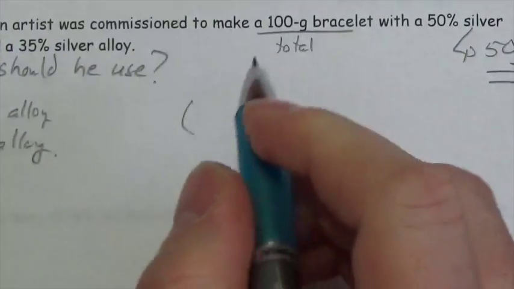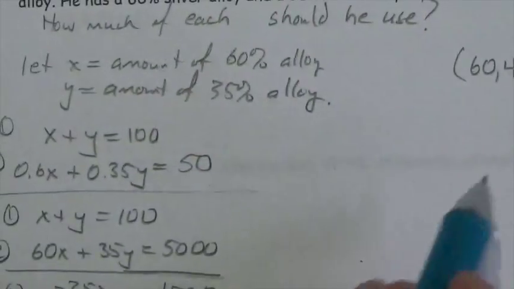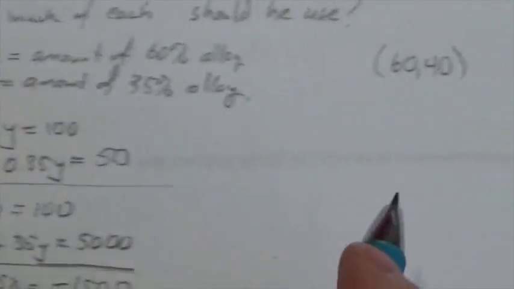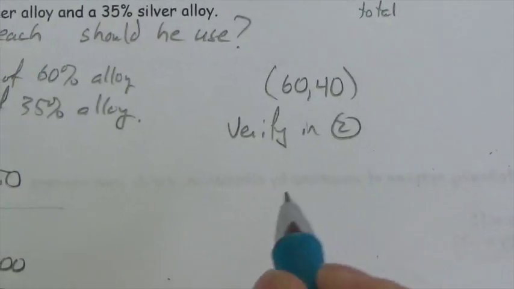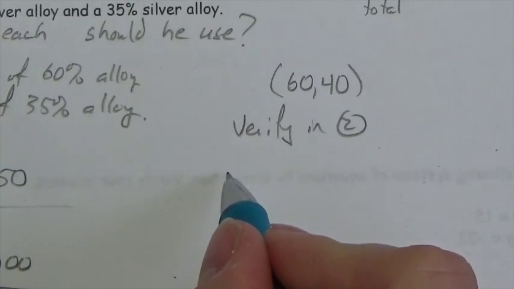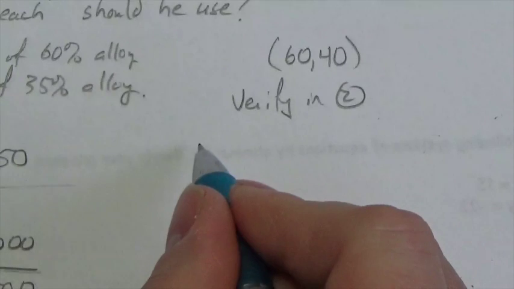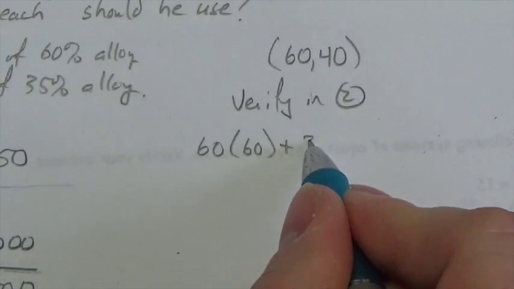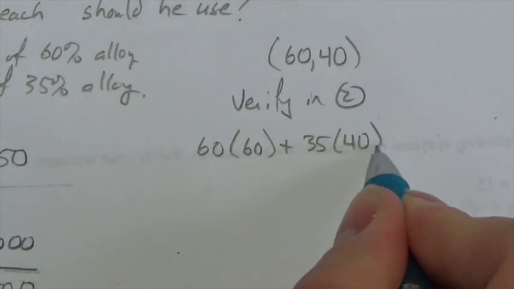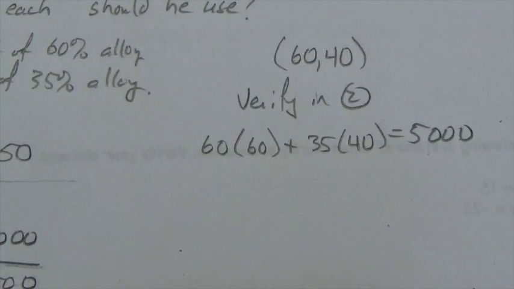So now I've got this point, 60 comma 40. I got that second variable from equation 1, so I'm going to verify in equation 2. I'll use this big version here. So 60 times 60 plus 35 times 40, does that in fact equal 5,000?